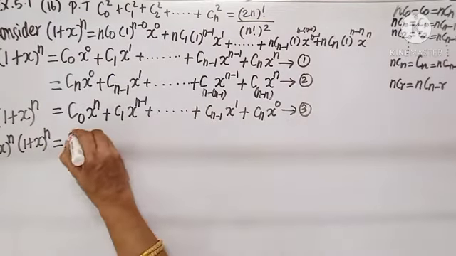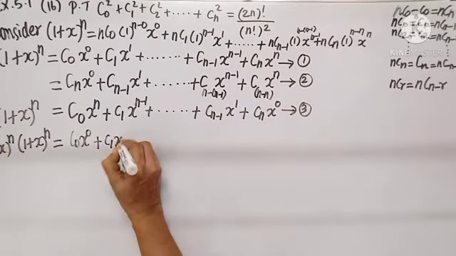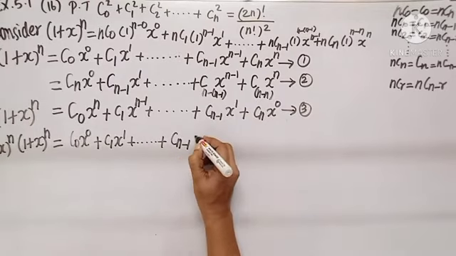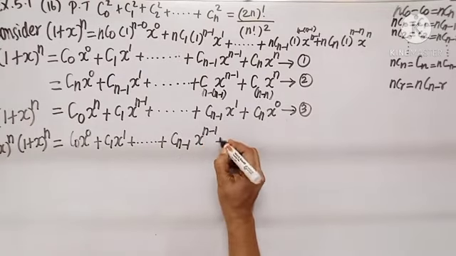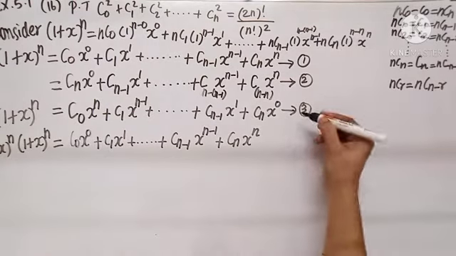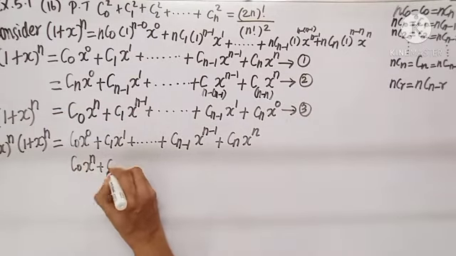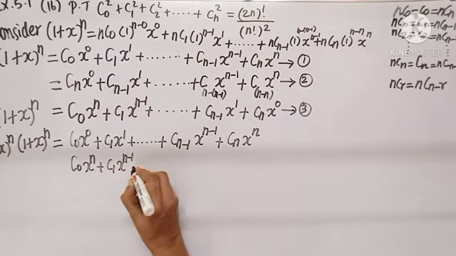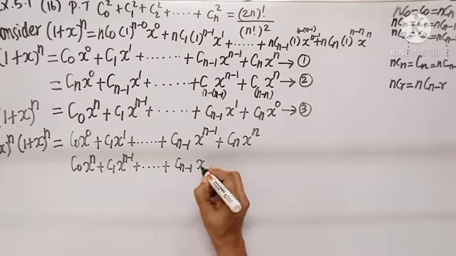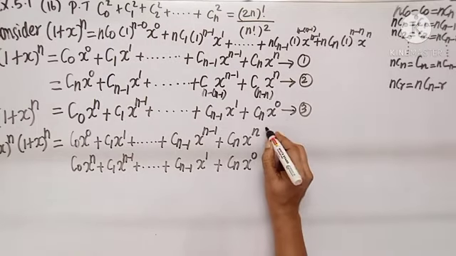First equation: C0 x power 0 plus C1 x power 1 and so on, C(n minus 1) x power n minus 1 plus Cn x power n. The third equation: C0 x power n, C1 x power n minus 1 and so on, C(n minus 1) x power 1 plus Cn x power 0.